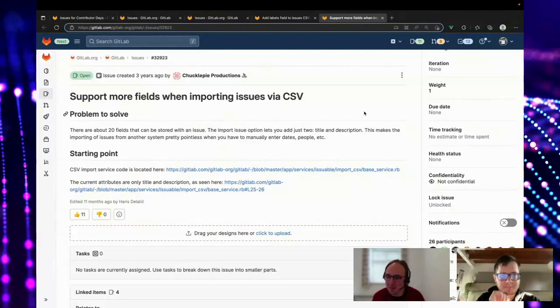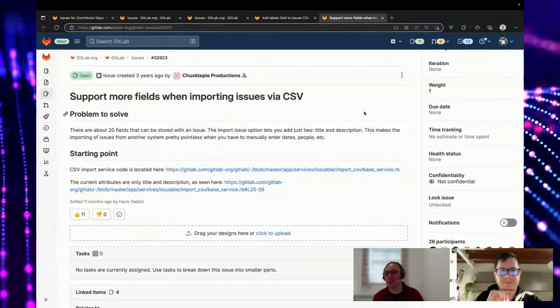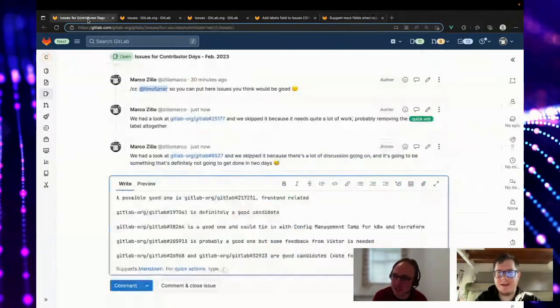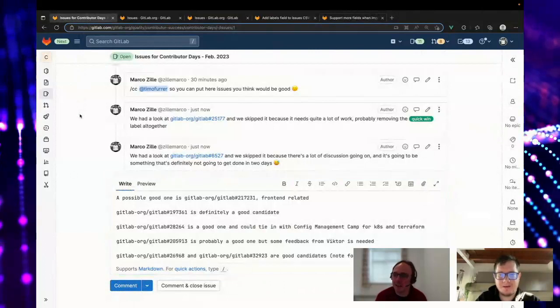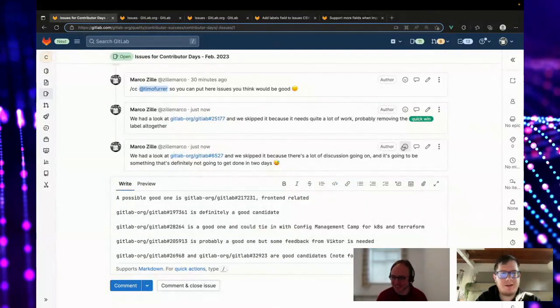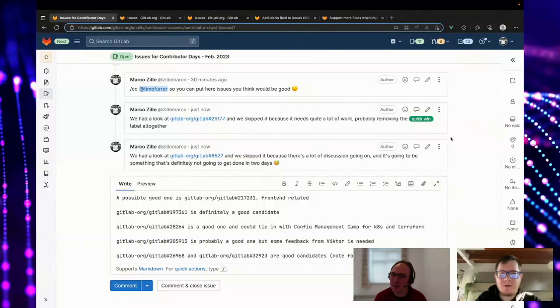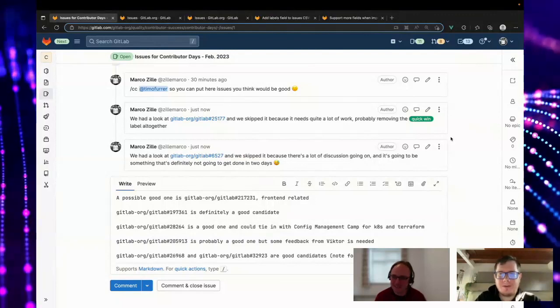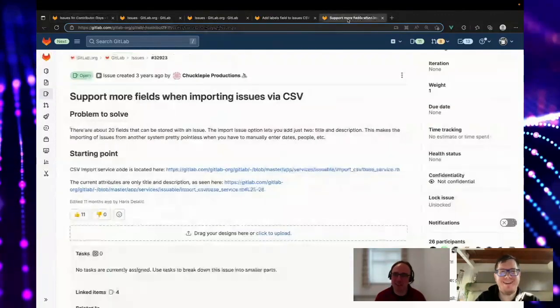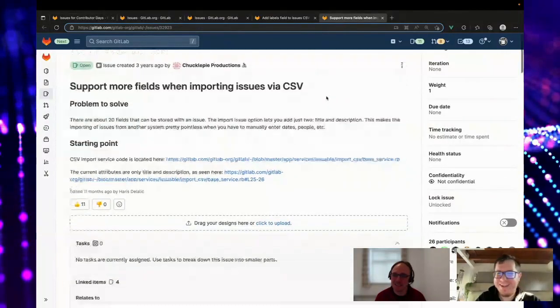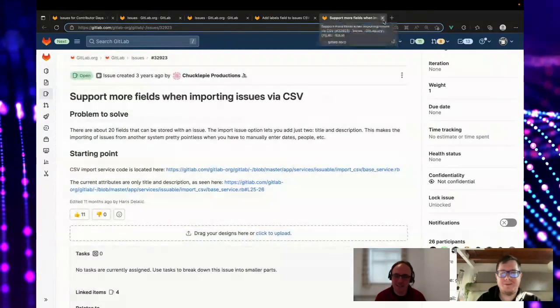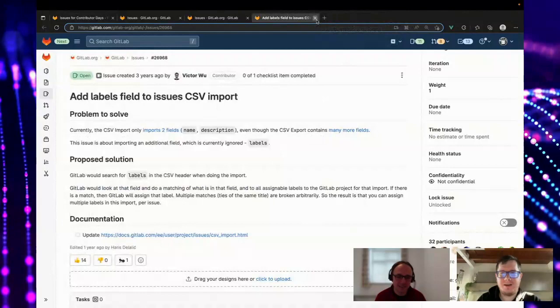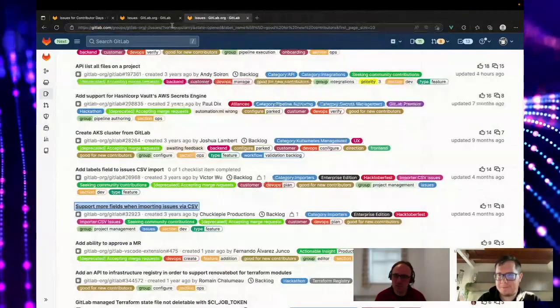So there's a docs fix if anyone's looking for an easy MR on a docs fix. There's one right there. No, create an issue. We're going to work on it on the contributor days. Absolutely. Okay, so these two are added into the bucket.